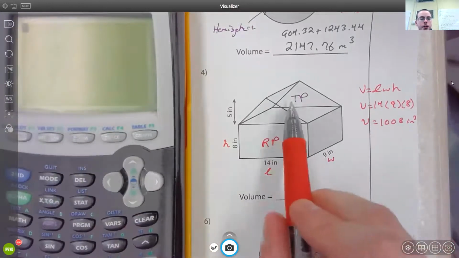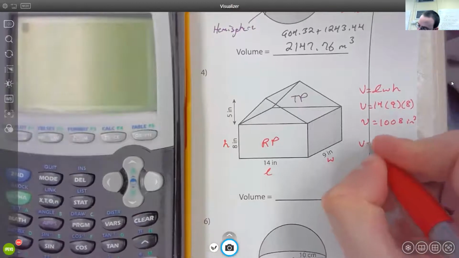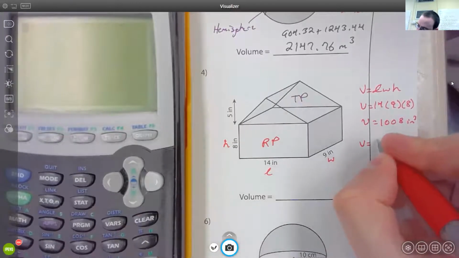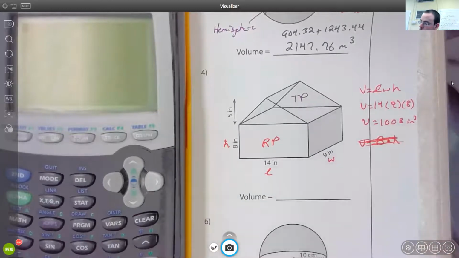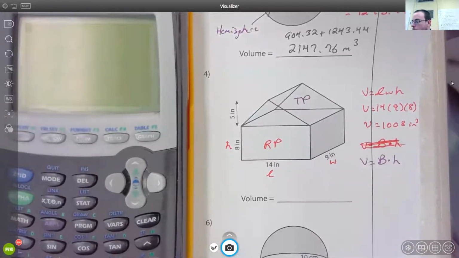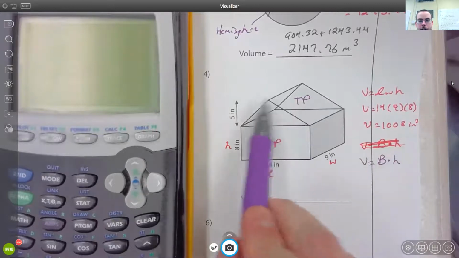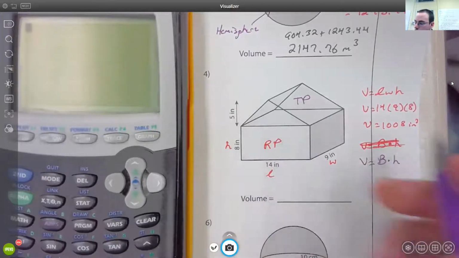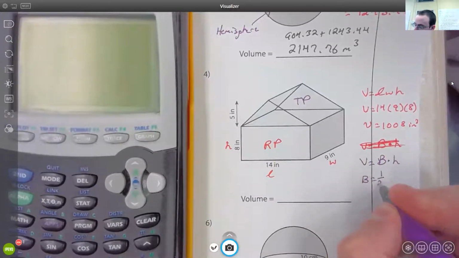Now we need to determine the volume of the triangular prism. So the volume of a triangular prism is given to us by base area times height. I'm doing this in the wrong color. Apologies. Base area times height. And again, it's called a triangular prism because the base is in the shape of a triangle. So to find our base area, we have to find 1/2 times the base of the triangle times the height of it.